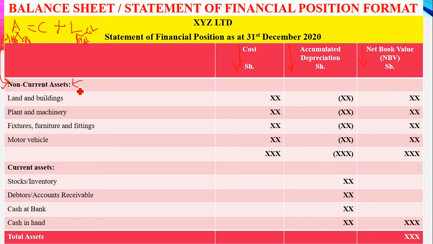Non-current assets are items like buildings, vehicles, furniture, fittings. You find that these items are prone to wear and tear. When you use them, they lose value, they depreciate. Depreciating is the loss of value due to wear and tear. When you use a car, if you bought a car at 50,000, after a year, that car will not be worth 50,000. Why? Because it will have depreciated maybe by 10%, which is 10,000.